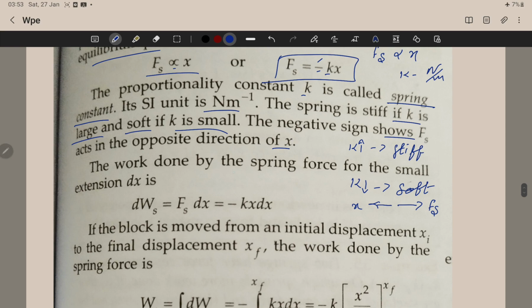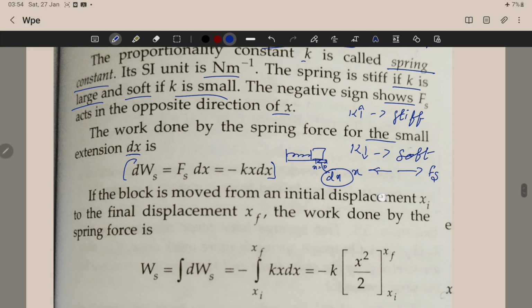Then the work done by the spring force for a small extension. Let's say we are taking just a small extension. Let's say there is a spring, and here x is equal to 0. We are stretching it from this position to this position, a very small extension, dx. For a very small extension, we are applying this force.